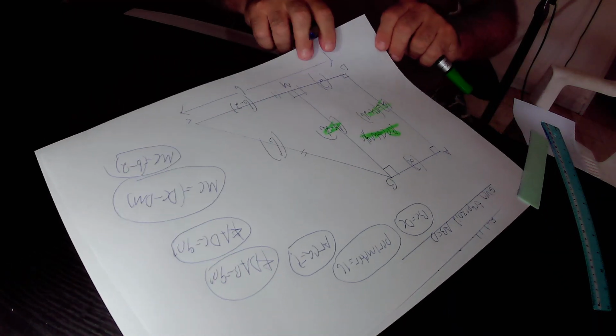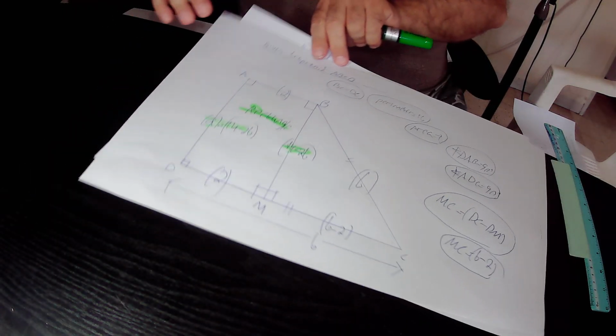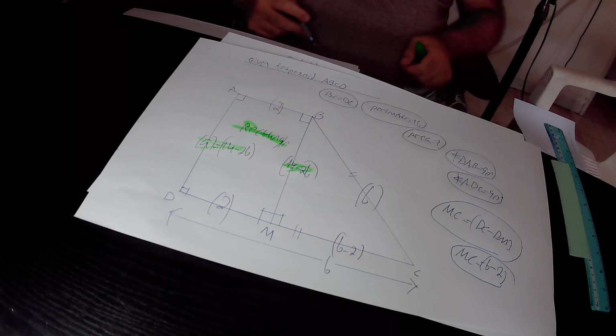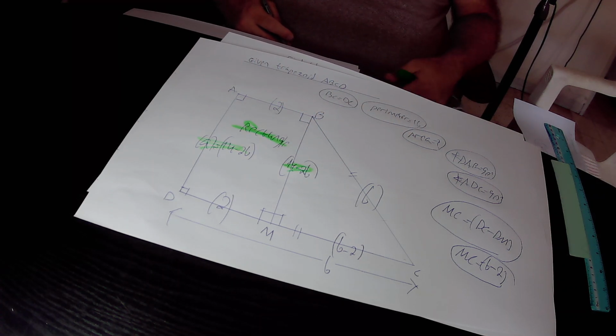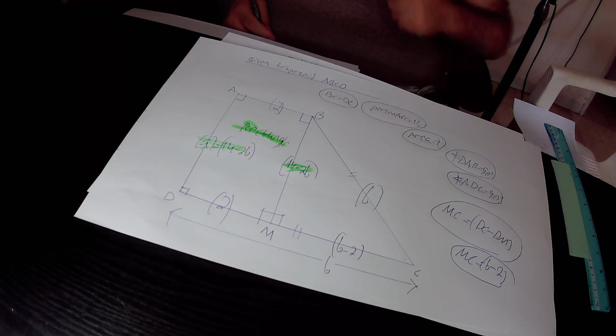In the next step, I'll copy this right triangle BMC onto a new page, and we will implement the Pythagoras theorem on this right triangle BMC.